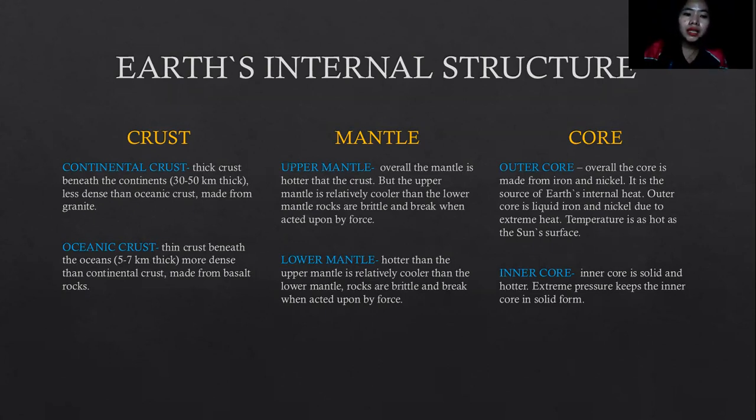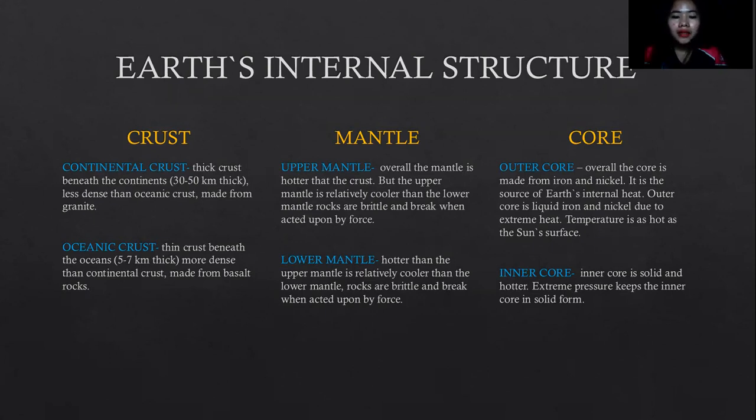As we all know, basalt and granite are the products of a volcano or the formation of a volcano. And oceanic crust, these are thin crusts beneath the ocean. So from the word itself pa lang, malalaman na natin the difference between the two.